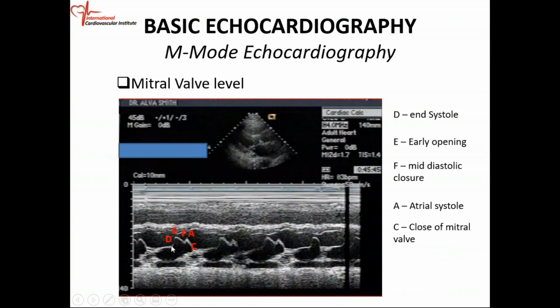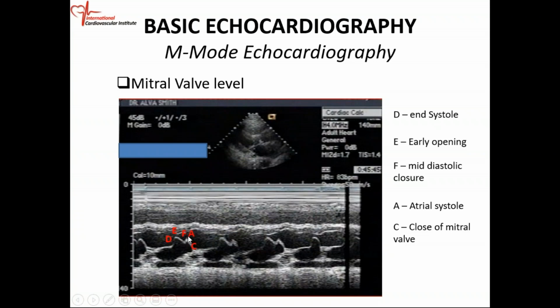This is the D point, and if you look closely, the D point is end systole, because remember, the mitral valve opens in diastole, so the D point is end systole going into diastole. Your E point is the early opening of the mitral valve. Your F point is your mid-diastolic closure, and your A point is your atrial systole, or the atrial contraction.